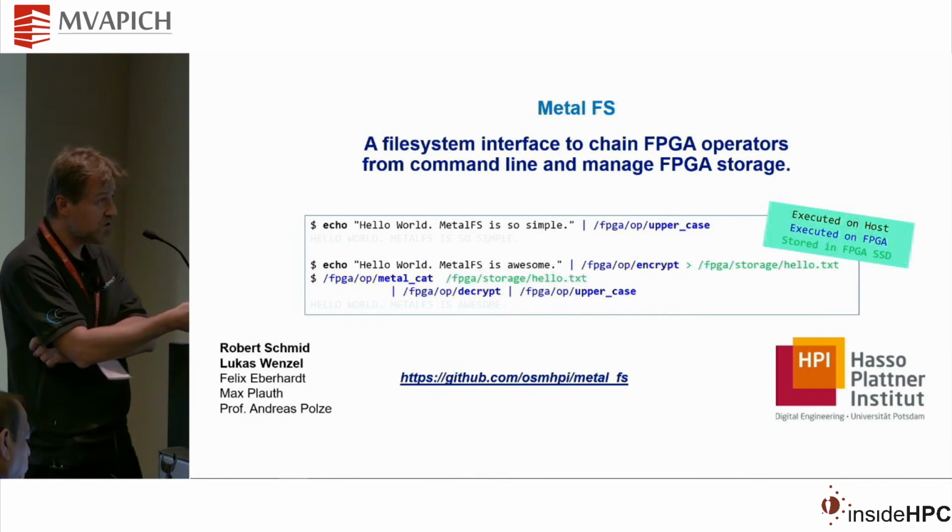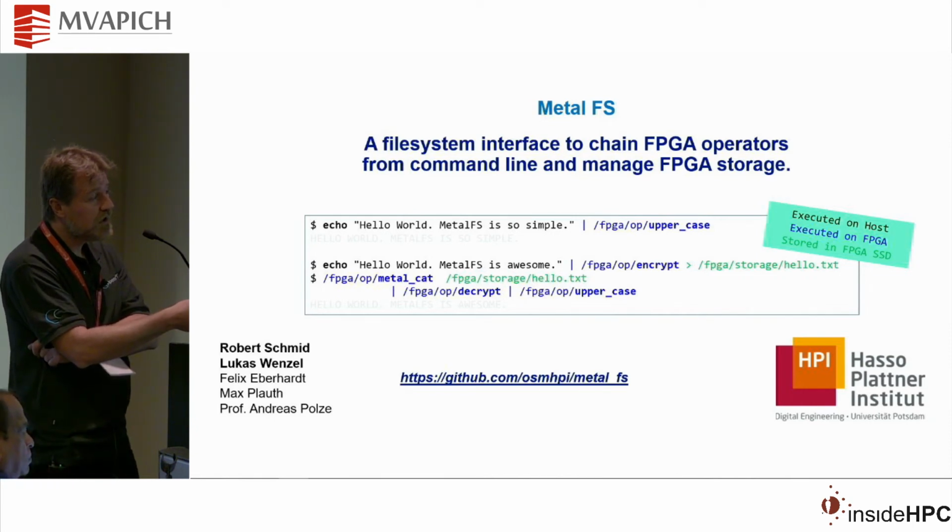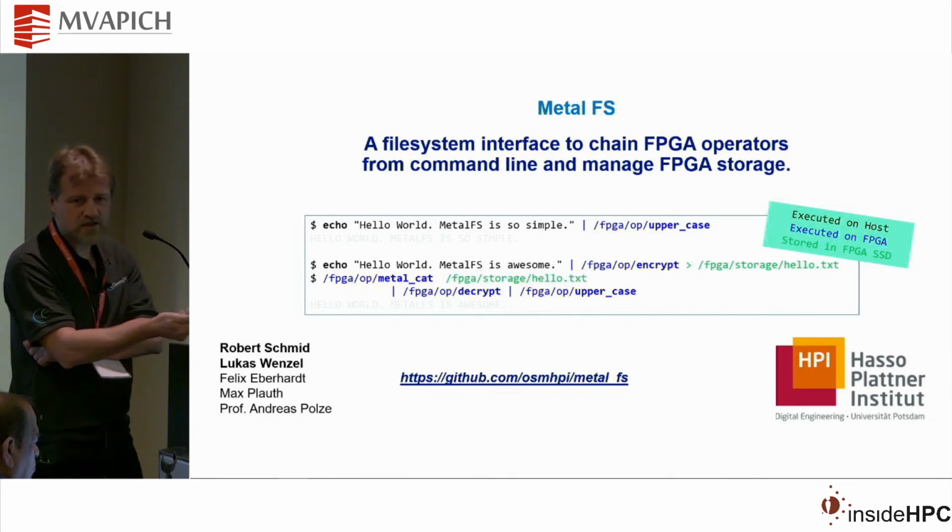So if I ask the FPGA to do the conversion, then I say now I want to encrypt in the FPGA and store in the FPGA. So I encrypt and pipe to storage in the FPGA. And now if I want to check the content of this green located text, decrypted and put in uppercase, I should get a result.